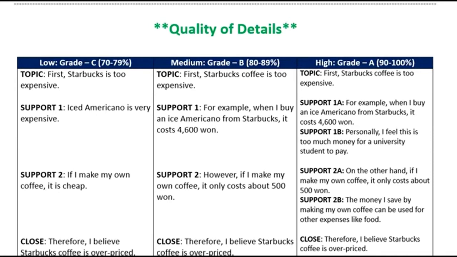Personally, I feel this is too much money for a university student to pay. On the other hand, if I make my own coffee, it only costs about 501. The money I save by making my own coffee can be used for other expenses like food. Therefore, I believe Starbucks coffee is overpriced.